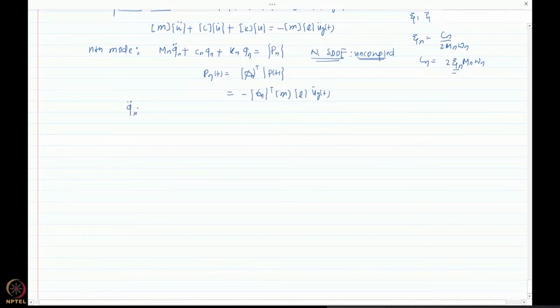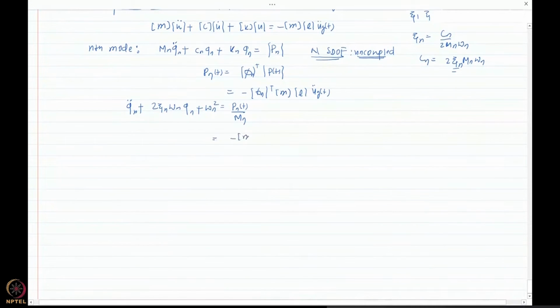We can write this as qn double dot plus 2 zeta n omega n qn dot, so I'm dividing it with mn, plus omega n square qn, equal to Pn t by Mn. Where Pn t by Mn is nothing but phi transpose times m times the influence vector and ug double dot t, divided by Mn.